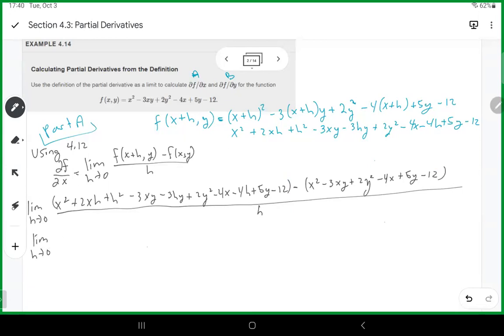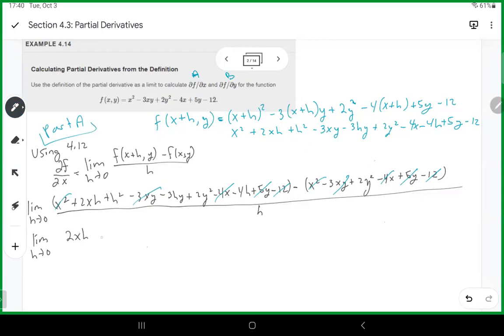Okay, so let's figure out what's going to cancel. Our x squareds will cancel. Our 3xy will cancel. Our 4x will cancel. 5y will cancel. 12 will cancel. All right, that all makes sense, right? Because everything left has an h in it.